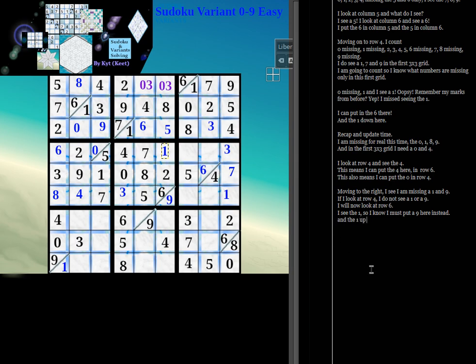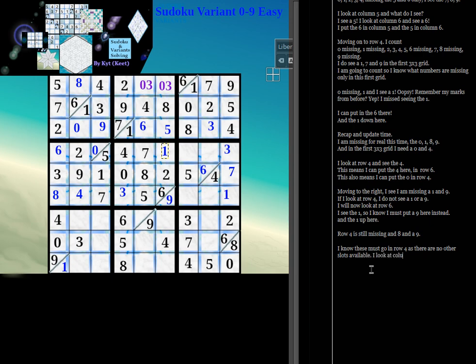And the 1 up here. Okay, row 4 is still missing an 8 and a 9.